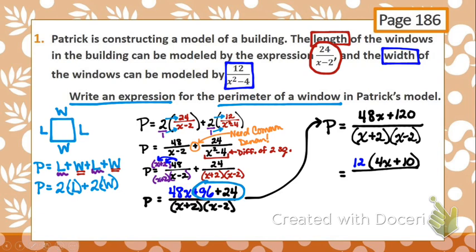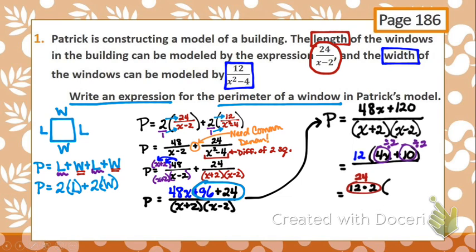If I take a 2 out of each of these pieces, that means I would have to move that out to the front also. So I'd have a 12 out front and the 2 that I moved out front. Well, what is 12 times 2? 24. So this actually has a greatest common factor of 24.